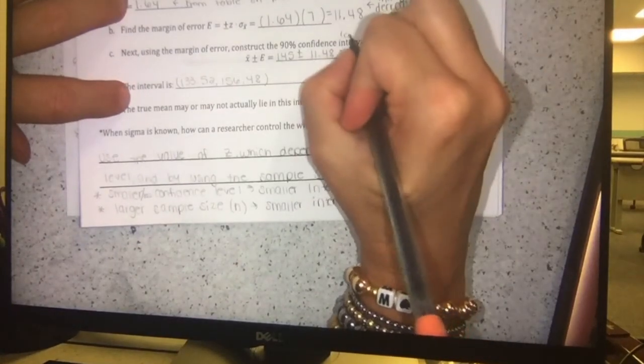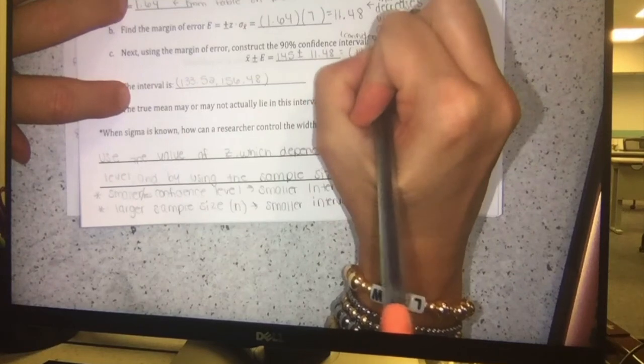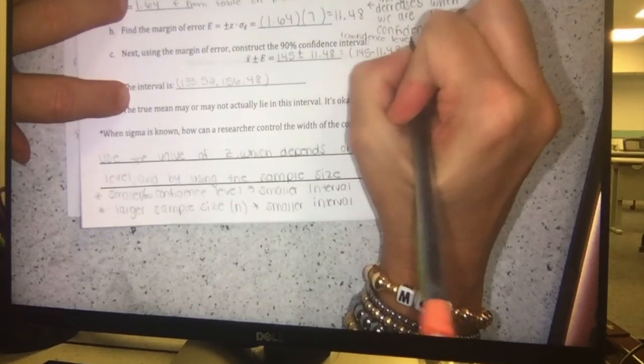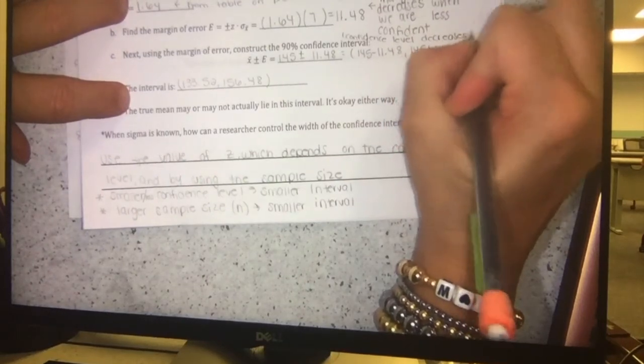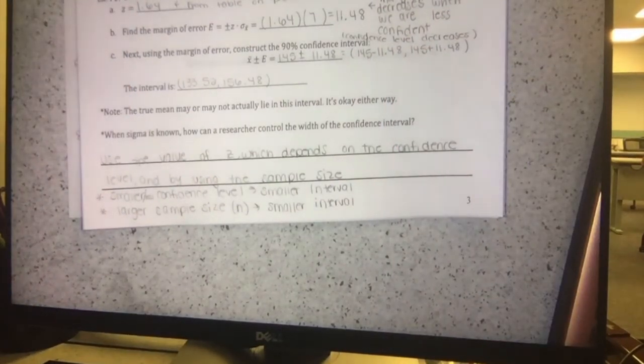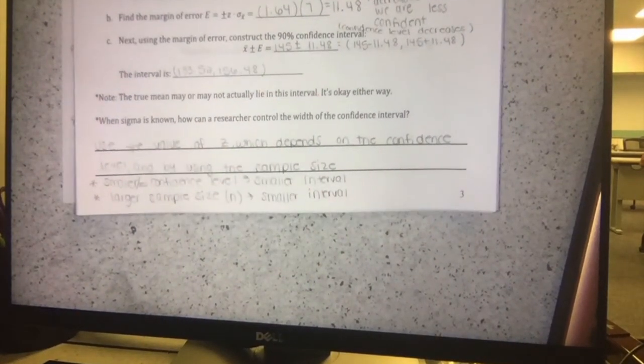Our confidence level decreases. Which is pretty much what this is saying. I just wanted to put on paper what I keep blabbing about, so that you remember it, because this is all going to come back.